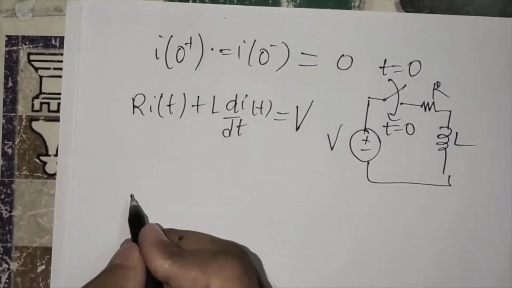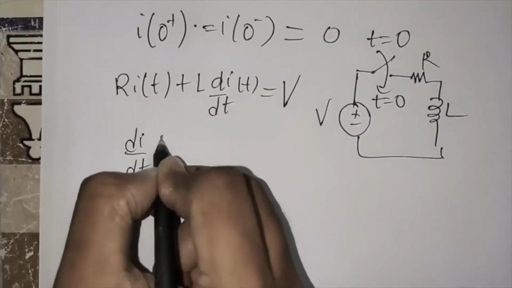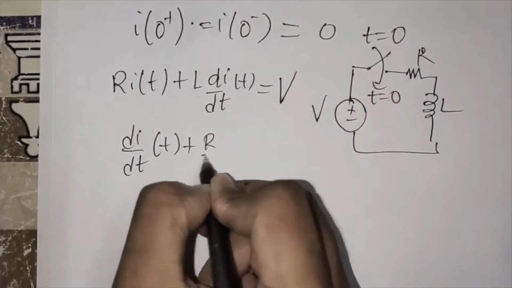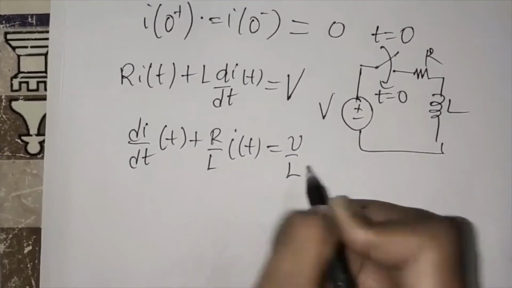If I divide by L throughout, di/dt plus R/L into I(t) is equal to V/L.